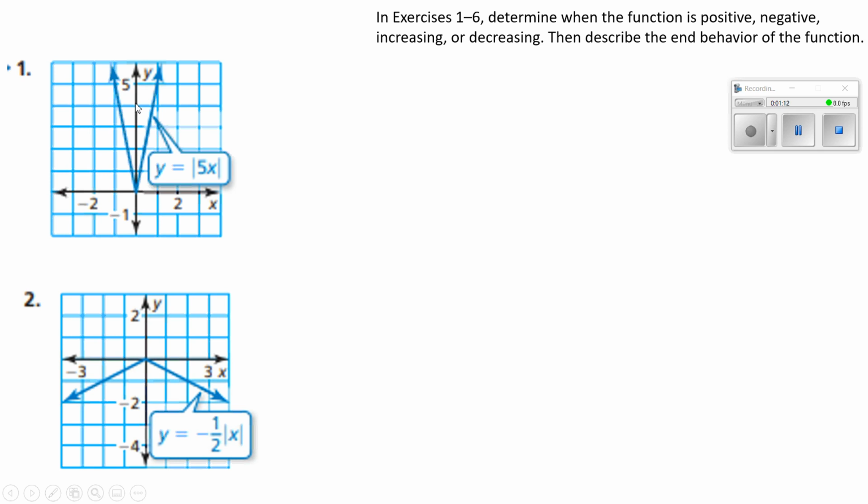Well, as x is going to negative infinity, y is going to positive infinity, right? And as x is going to positive infinity, y is also going to positive infinity.